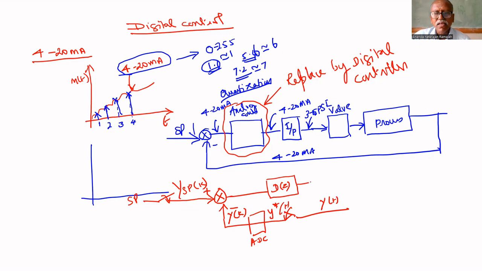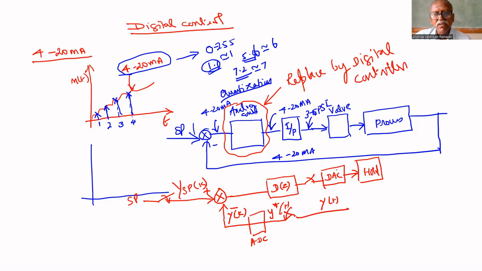But the output of this digital controller cannot be directly used to drive the valve. DAC will be there, then a hold circuit will be there. DAC will sample those values. Sample value is given. That's why I'm putting a switch here.